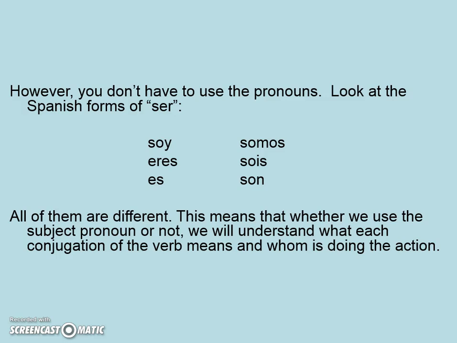You have to say I am in order for people to understand what you're saying, okay? If you just said are, well, we wouldn't know if you're talking about you are, we are, they are, or y'all are. Okay, so English is not a pro-drop language. However, Spanish is, which means we don't need the pronoun. We can drop it and we can still understand who or what we're talking about.